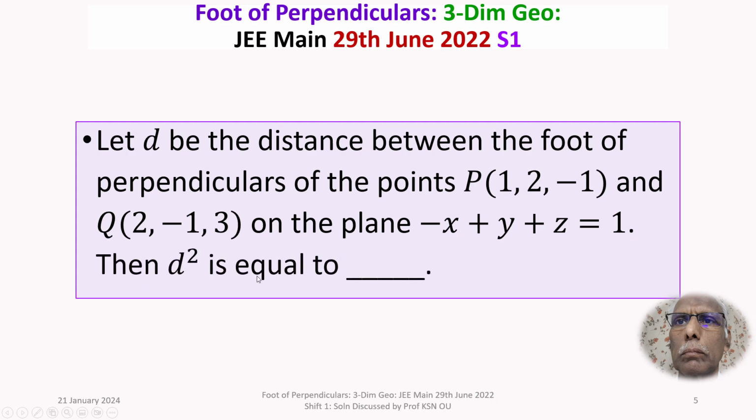Then D square is equal to, required to find the value of D square, where D is the distance between the foot of the perpendiculars of the points P and Q on this plane.